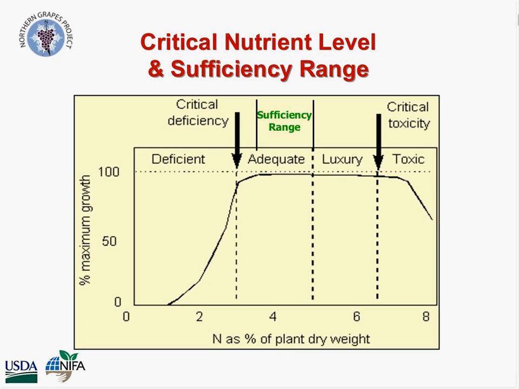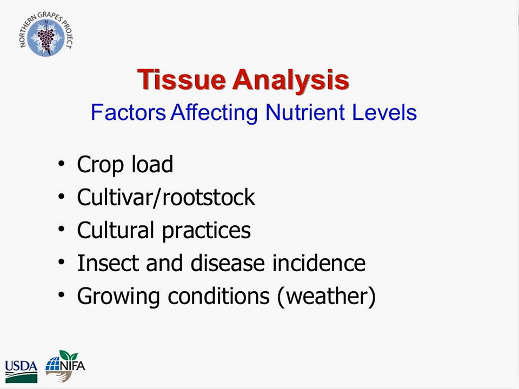The cultivars or rootstocks, what we call rootstock, they do behave differently, and we can find differences in varieties from one particular site. Cultural practices also, and even your spray control program, can have an influence.